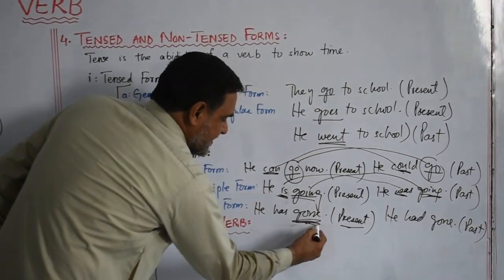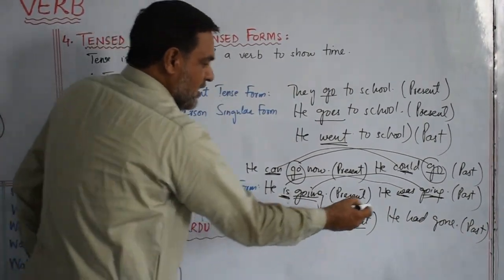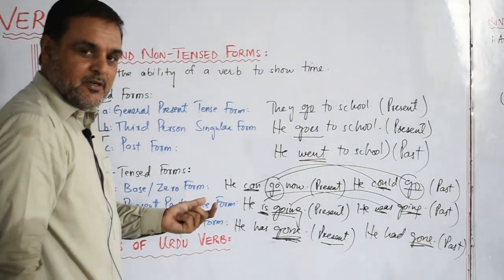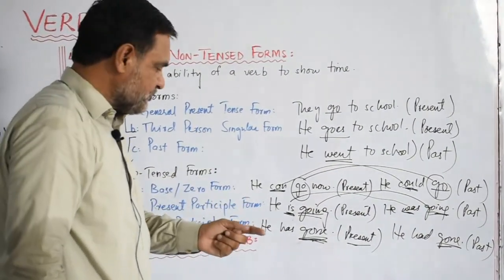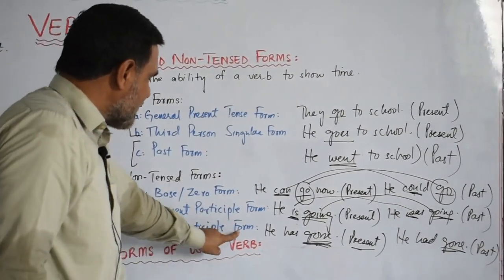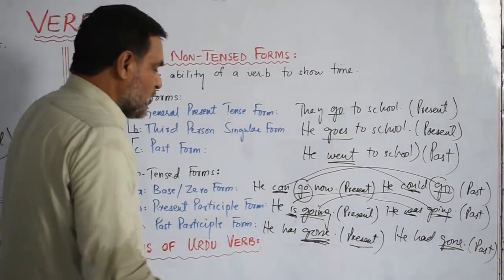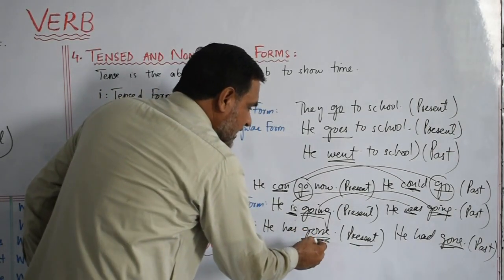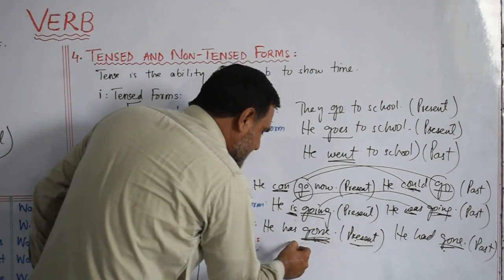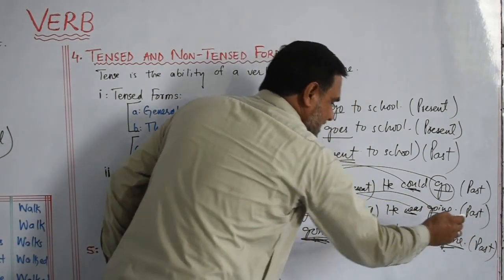But in both cases, gone, the past participle form, has been used. So gone here, but time present in this example and time past in this example.